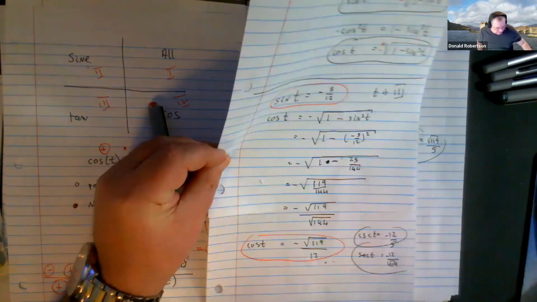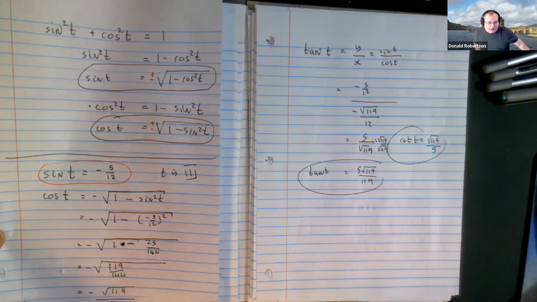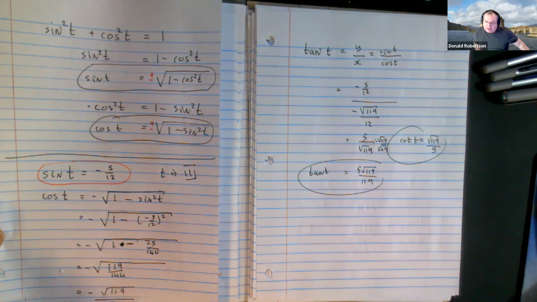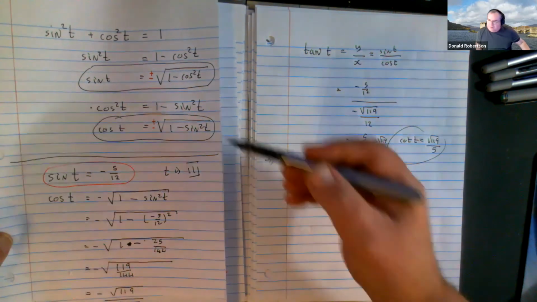Do you see that if you only tell me the sine or the cosine and the quadrant that it's in, that's the only thing you tell me, can't I get the exact value of all the other 5 guys? As long as it's a unit circle, these formulas work perfectly.